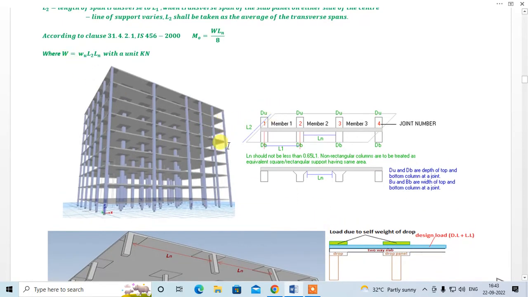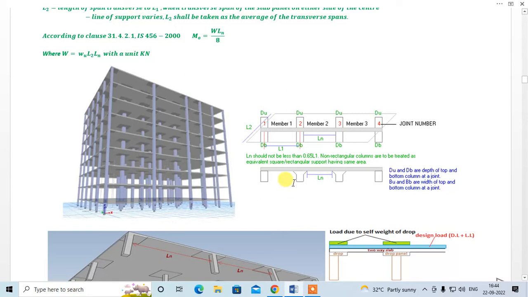L2 is the width of the slab beam member, which is transverse to L1. Ln is the clear distance between the columns. If there are no capitals, then it is the clear distance between the columns. If there are capitals, then it is the clear distance between the capitals, right?